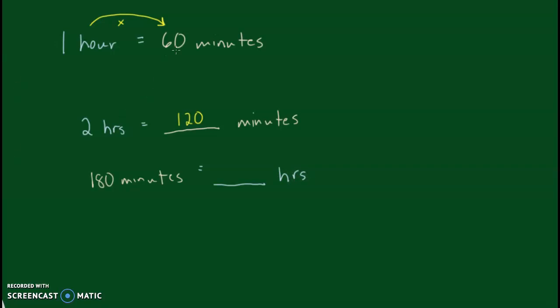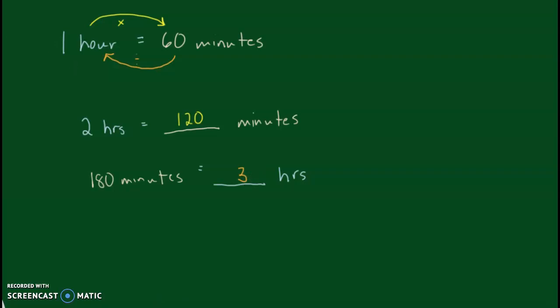Since we're starting with minutes, our starting point is minutes, and we're converting it to hours, 60 and 1, the number gets smaller. So for this, since it gets smaller, we're going to divide, and we're going to divide by 60 again. So 180 divided by 60 is 3. 180 minutes is the same as 3 hours.